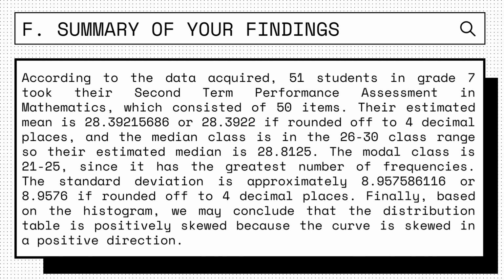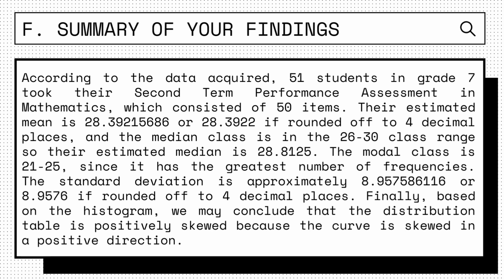And to summarize our findings, according to the data acquired, 51 students in grade 7 took their second term performance assessment in mathematics, which consisted of 50 items. Their estimated mean is 28.39215686 or 28.3922 if rounded off to 4 decimal places.